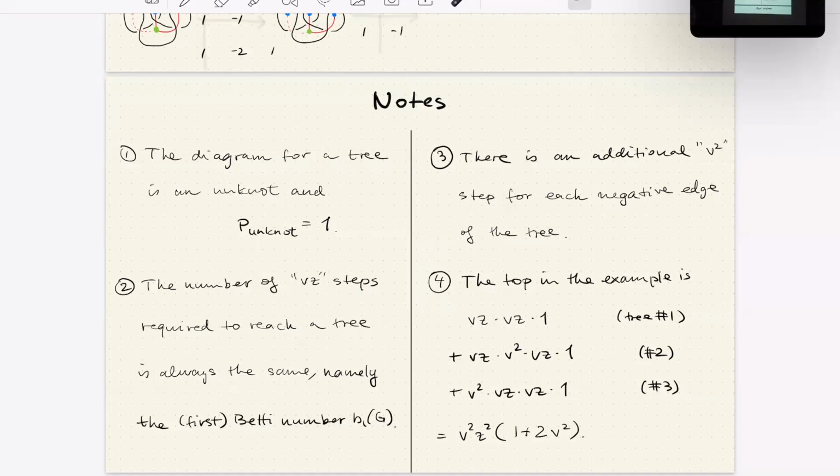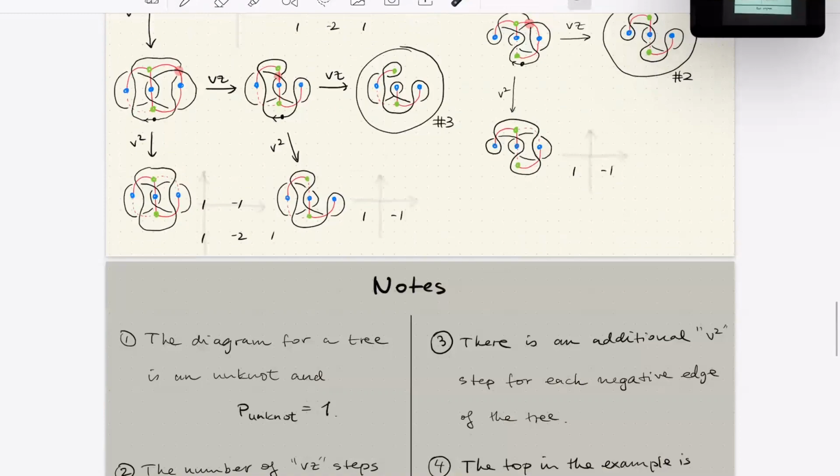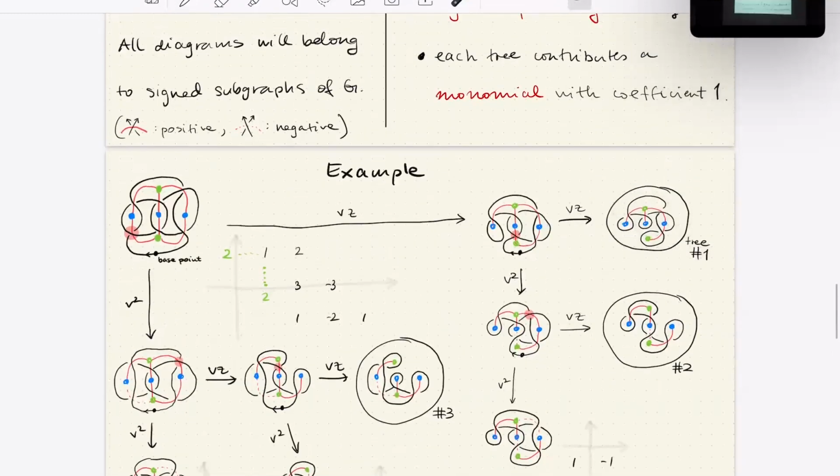Originally, you had this graph, it has some number of cycles. You have to puncture them one by one until there are no more cycles, until you get to a tree. The number of times you have to do that is exactly the so-called first Betti number of the graph. And it's always the same for every tree. That's why maybe I should show it here.